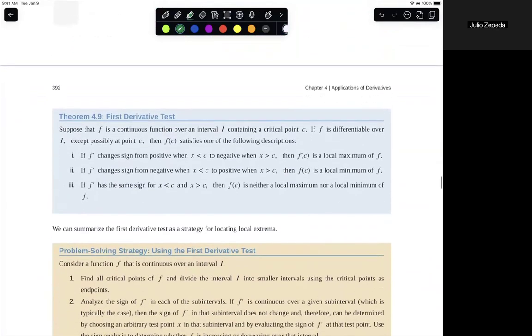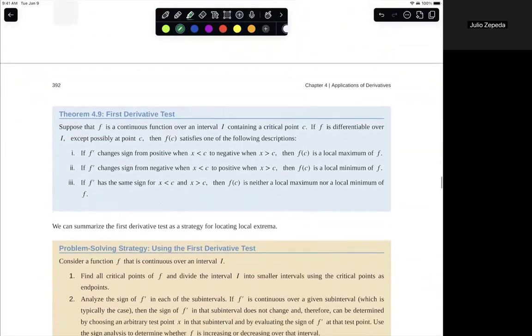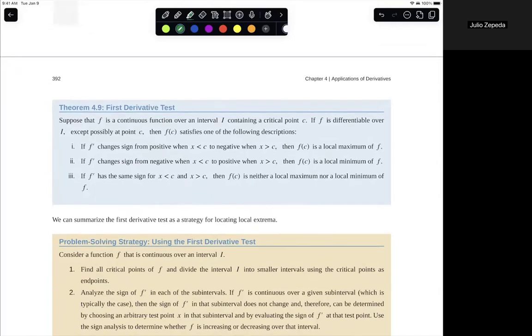We'll just briefly go over this. As we mentioned in that picture, if the first derivative changes sign from positive when x is less than c to negative when x is greater than c, then f of c is a local maximum. Just to draw a local maximum, we can see that the derivative is positive.